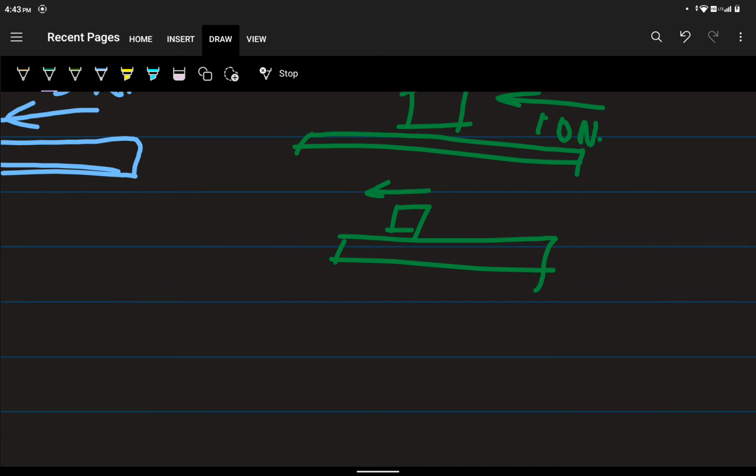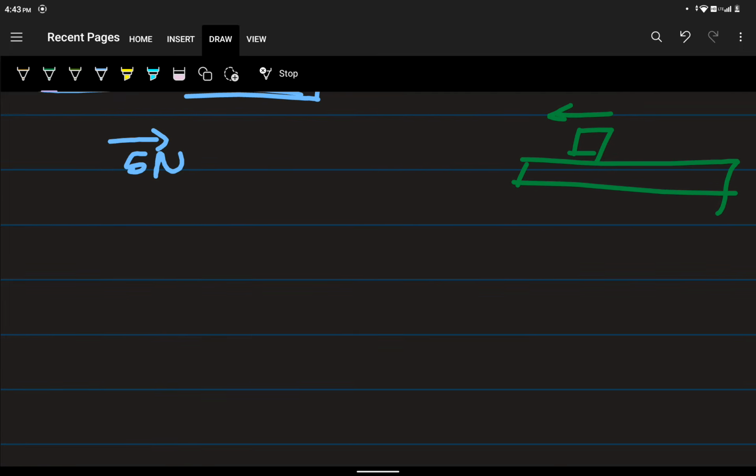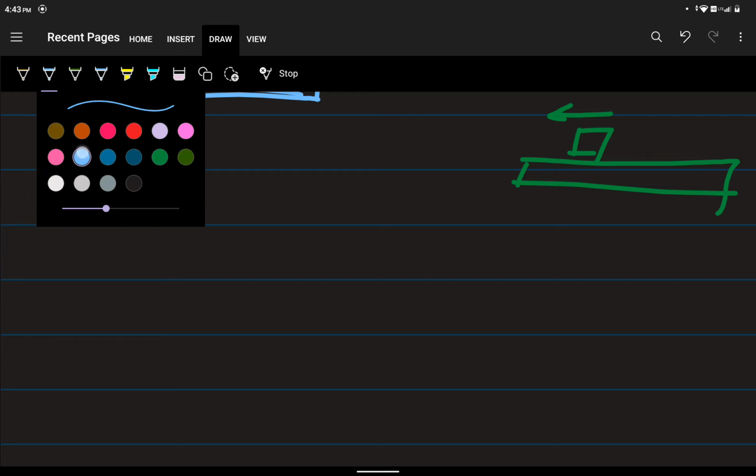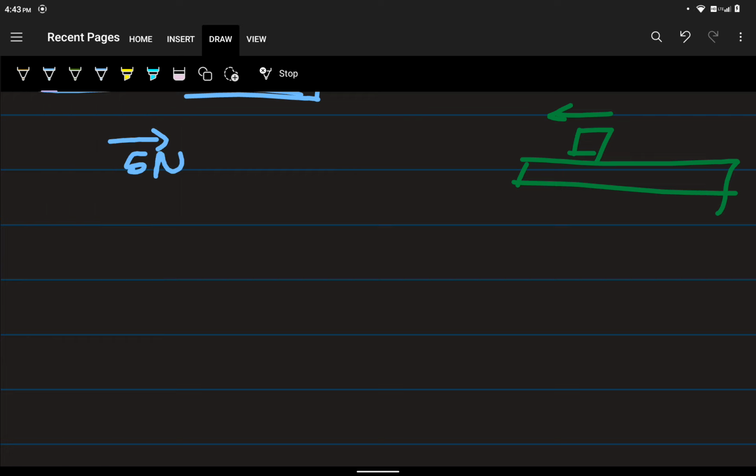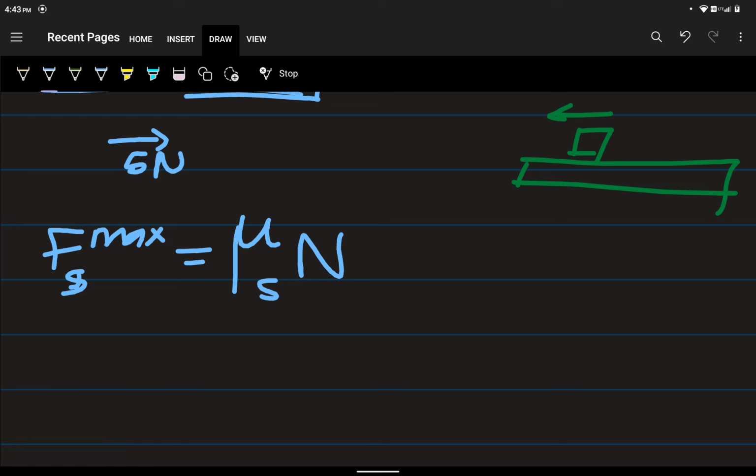Okay, and there's two formulas that are very important for you to know. Number one is the formula for static frictional force, or not just the static frictional force, but the maximum static frictional force. So it's defined as Fs max is equal to this symbol over here, multiplied by the normal force.